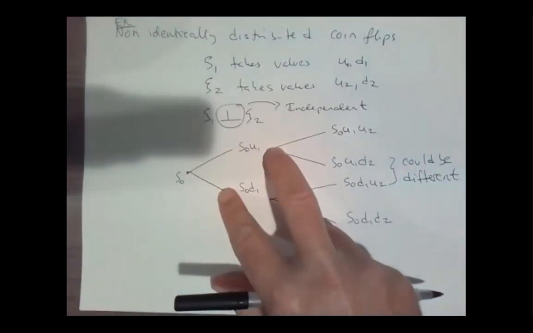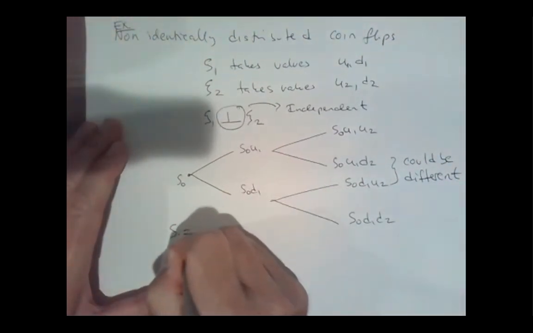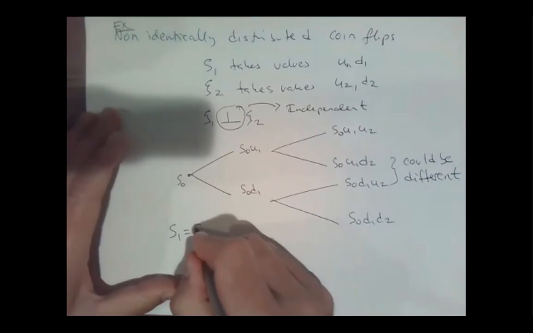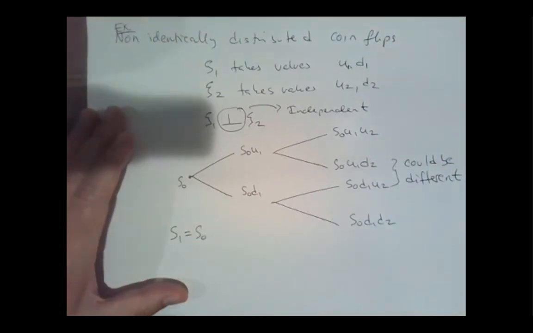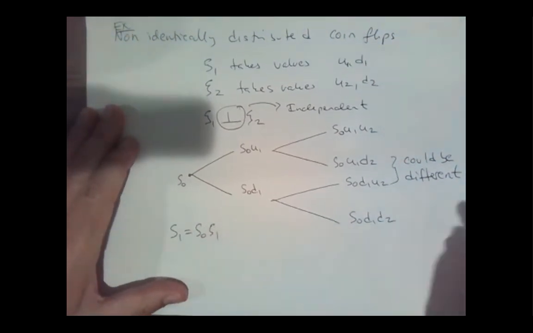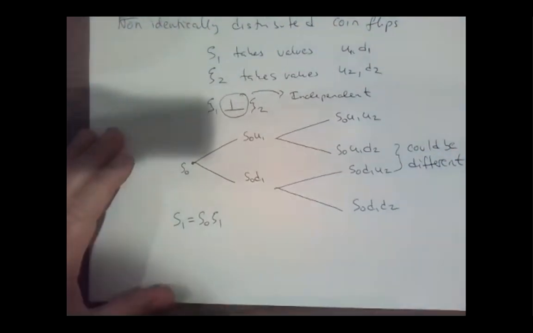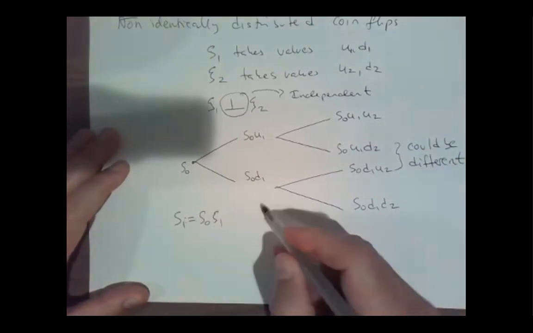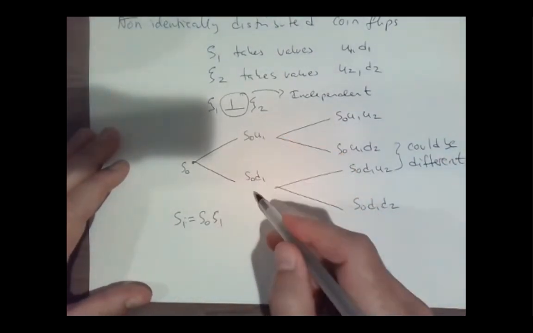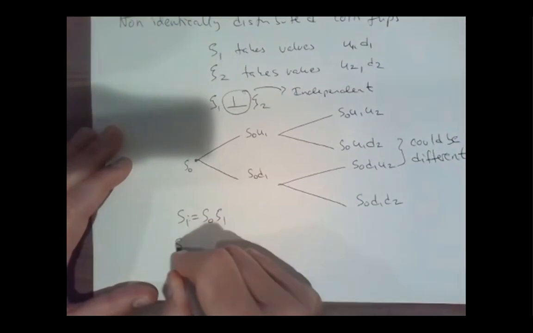So the model would then be that I get the first stock price by taking the previous stock price, the constant initial value, and multiplying it by the outcome of the first coin flip. So then I get this column here. And then I'll do the same thing with S2.